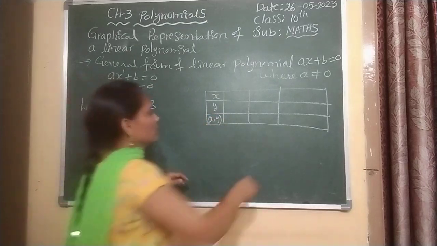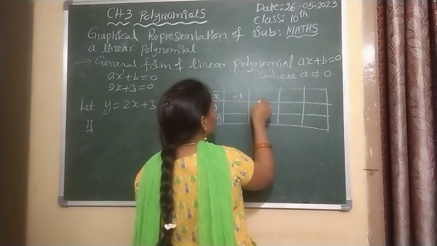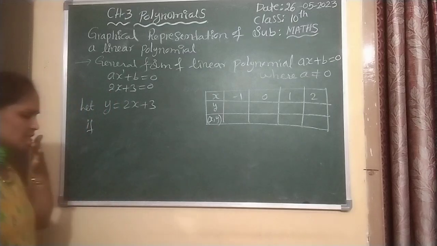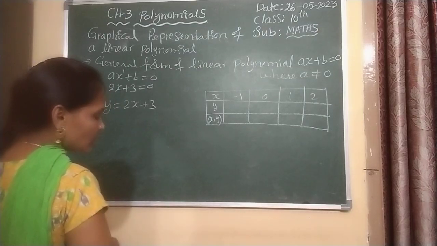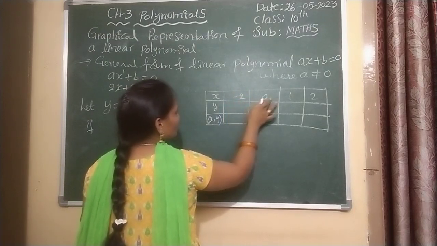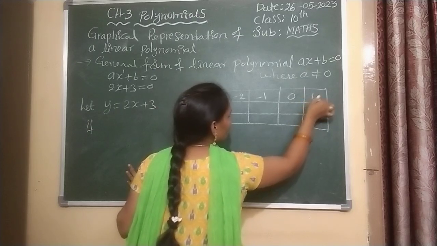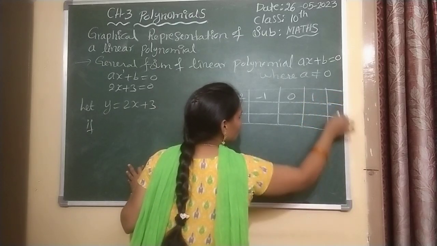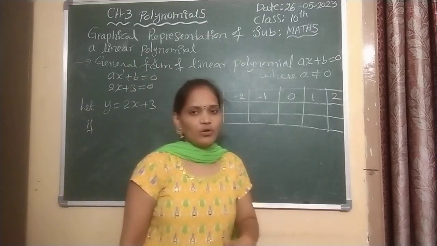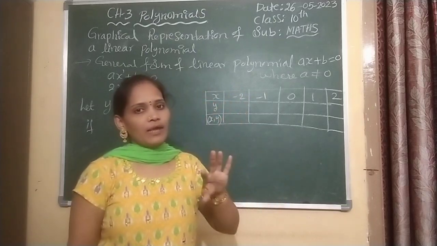Suppose x is equal to -1, 0, 1, 2. Any 4-5 values are enough. If you take more, you can also take. Suppose I want to take 5 values: -2, -1, 0, 1, and one more value, 2. The x values we should just take ourselves. Any 4 or 5 values are enough.